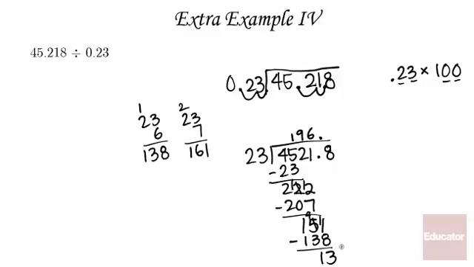I have to bring this 8 down. Okay, so 23 goes into 138. How many times? Well, look at this. It's the same number. So I know that 23 times 6 is 138, right? Put a 6 there. So let me rewrite this right here, 138. And then 23 times 6 was what? 138, right? So if I subtract it, then I get 0.